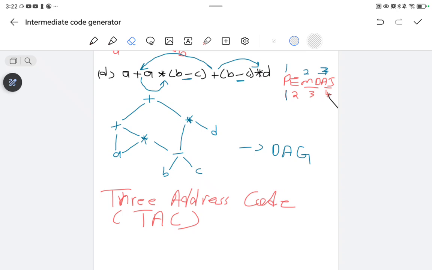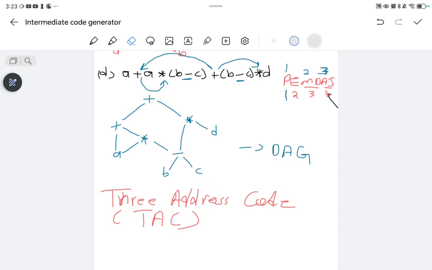So this part of code generation, in class they don't touch it a lot, but it will be there in an exam. Also next semester you'll find there's a lot of it.